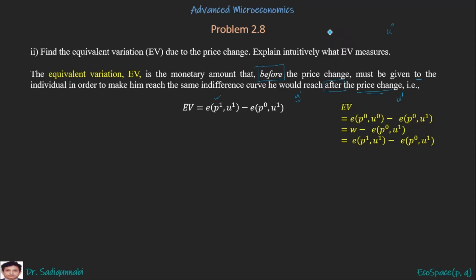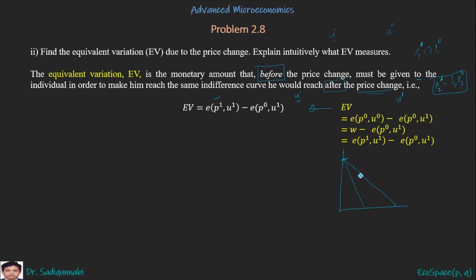And again it is coming from the original derivation. In the case of equivalent variation, because the price of good one increases, it is pivoting.